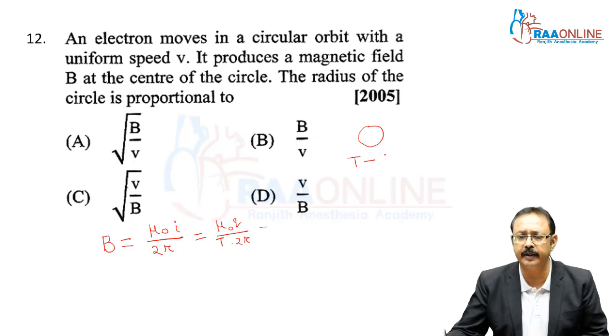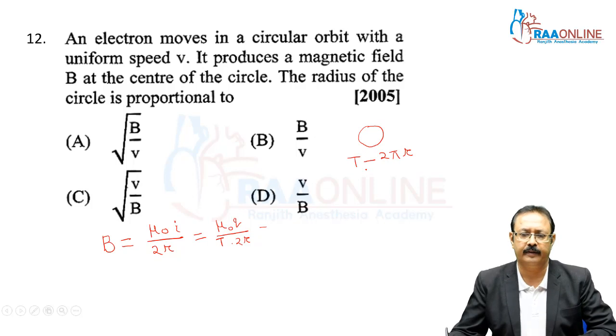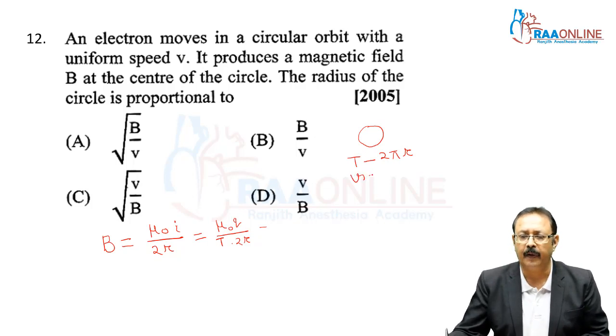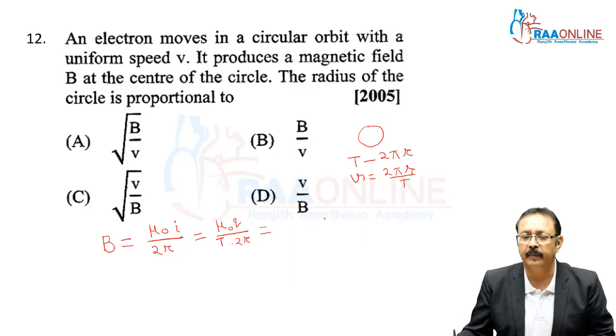If time period is T, in T seconds it will cover a distance of 2 pi R. If its velocity is v, you can write v equals 2 pi R divided by T. So you can replace T by 2 pi R by v, into 2R.